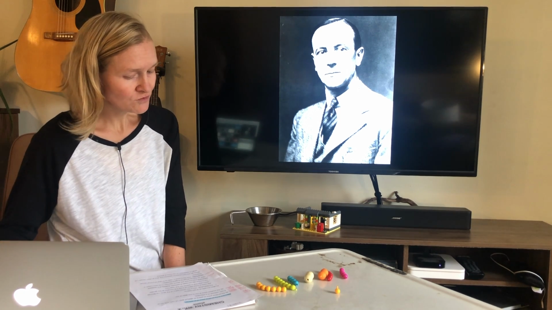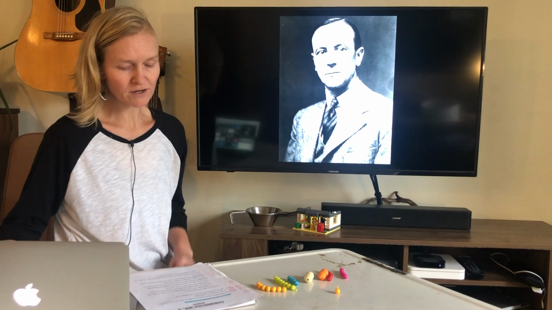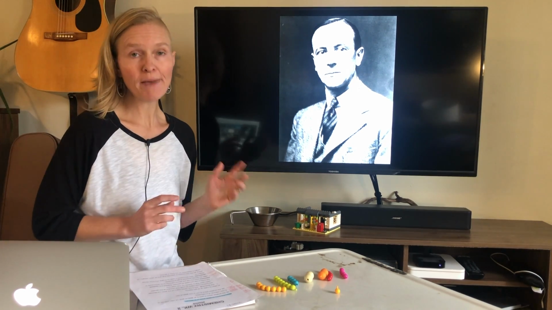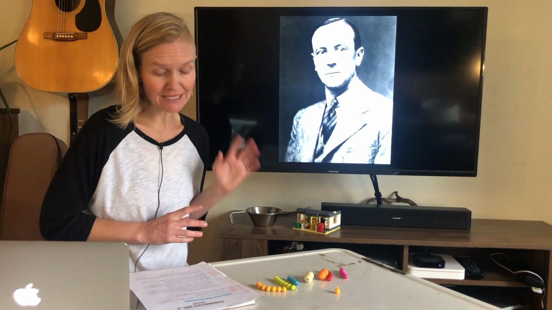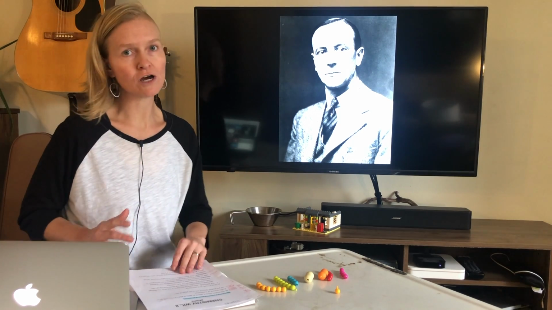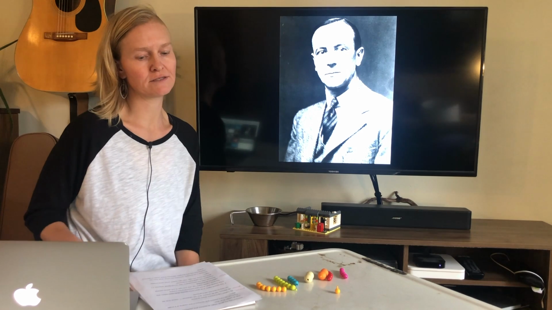Sir James Chadwick. So these are the two subatomic particles that give an atom weight. Remember that weight is dependent on the force of gravity. And the proton and the neutron are both located in the nucleus.